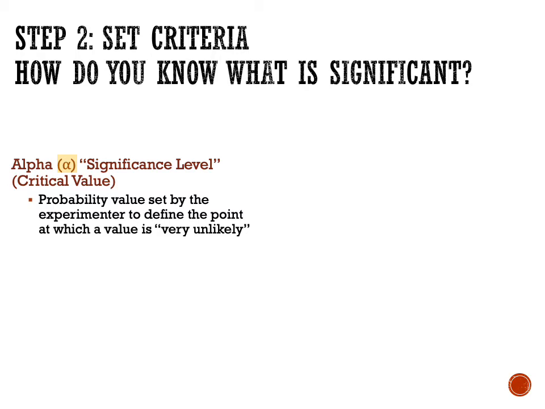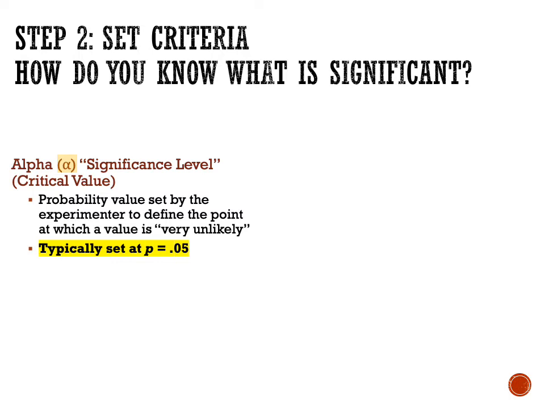It's the value that you set to define at which point your result is very unlikely. Remember, you want your result to be unlikely to be happening by chance. So again, we usually set this value at 0.05 or 5%.